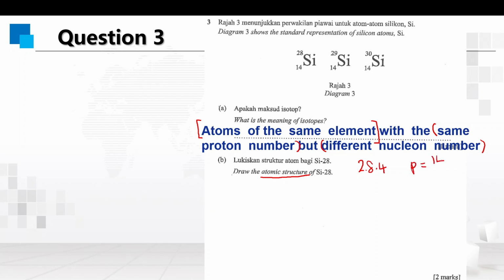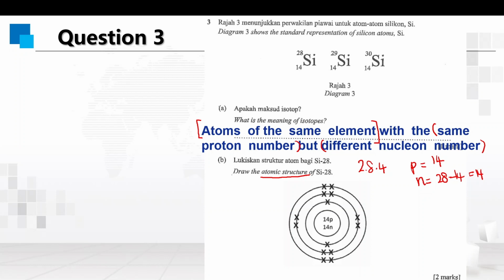The proton number is 14, and the neutron number is 28 minus 14, which is 14 also. So it has 14 protons and 14 neutrons in the nucleus, and you have to draw this as well.